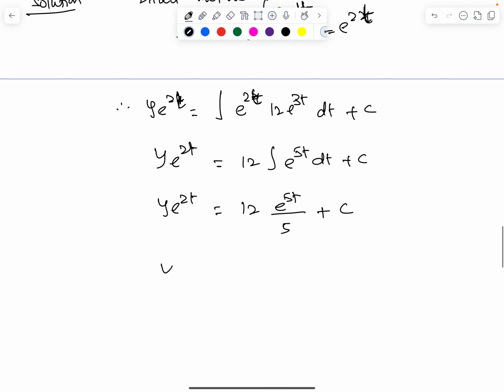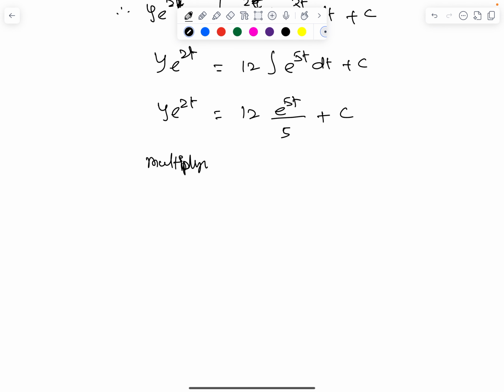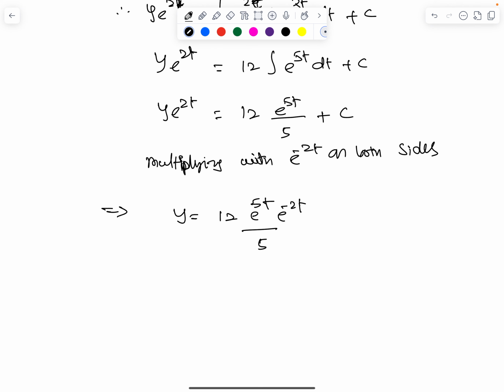Now, if you take e power 2t to the right hand side, that is, multiply both sides by e power minus 2t, this implies y is equal to 12 e power 5t e power minus 2t by 5 plus c e power minus 2t, which is equal to 12 by 5 e power 3t plus c e power minus 2t.